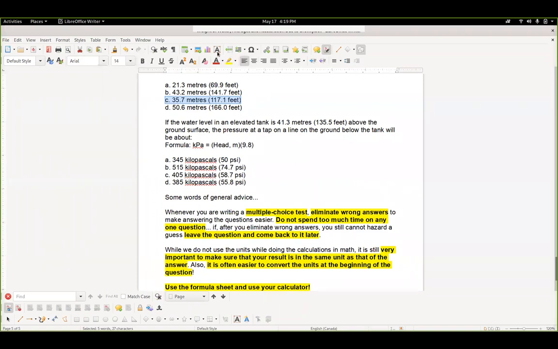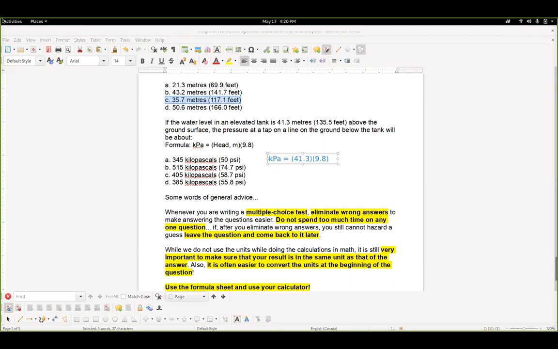So I'm going to enter what I know. The kilopascals is what we're trying to find, but we know that the head in meters is 41.3, and that's being multiplied by 9.8. So now I use my calculator to calculate that.